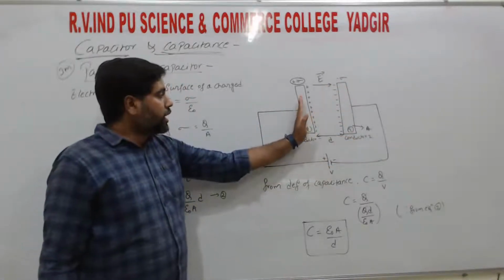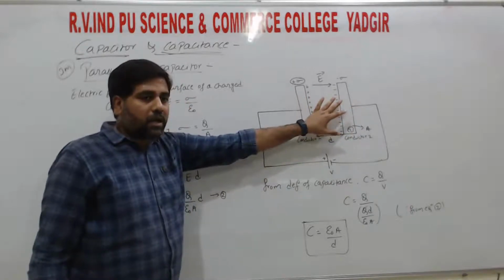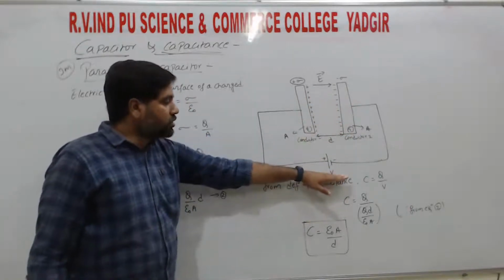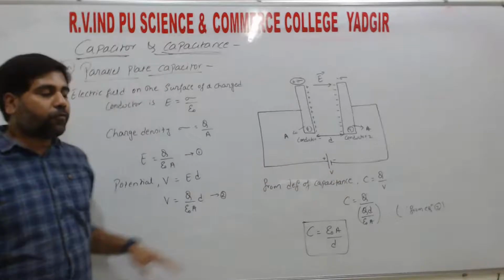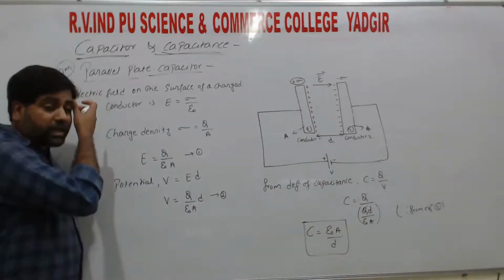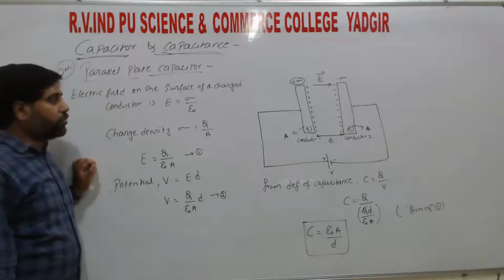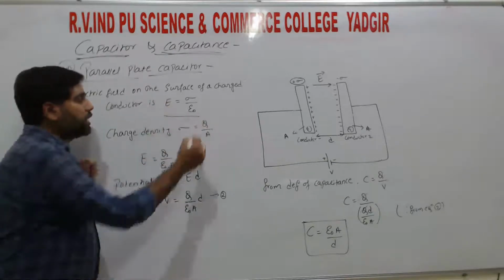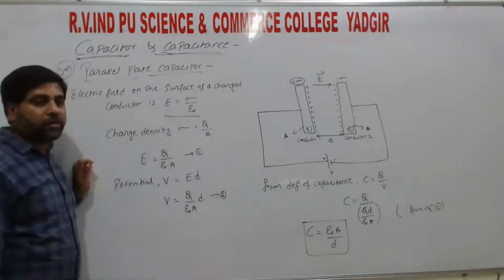Now we connect these two parallel plates to an external source V. From the result for the electrostatic field due to a conductor, we find E equals sigma by epsilon naught.